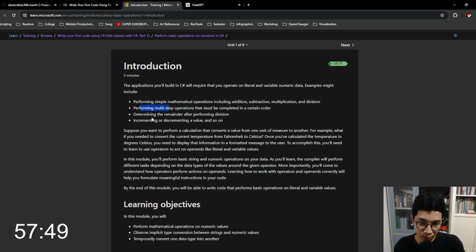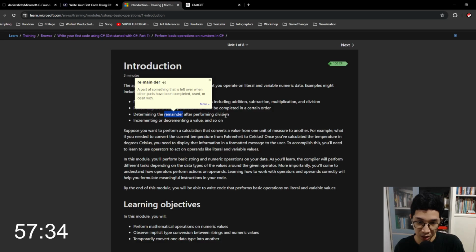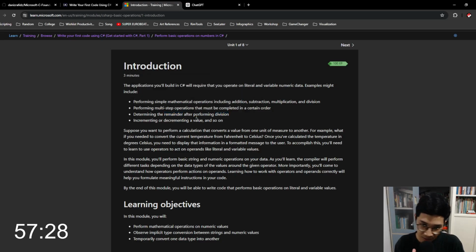And then determining the remainder after performing division. So usually in maths we only know about division, but in programming we will be introduced to the remainder. The characteristic is almost like division, but it's a bit different. You will learn after this.